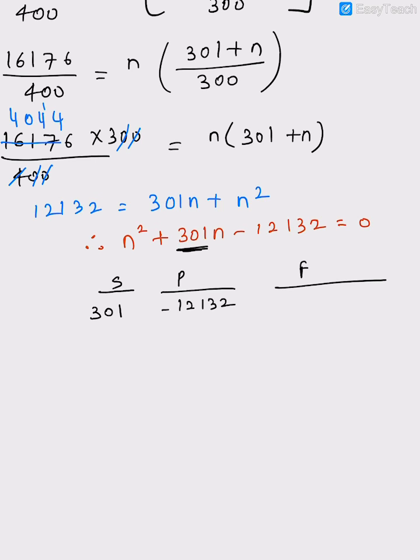If you remember, you had similar kind of factorization in the 8th standard, 9th standard, probably in 7th standard also. You may find these numbers very scary right now, but believe me, it's very simple. First, figure out how you got 12132. We had done 4044 into 3. Now, notice what I'm doing here. In the first one, I'm dividing by 2, so I'm multiplying by 2 in the other term.